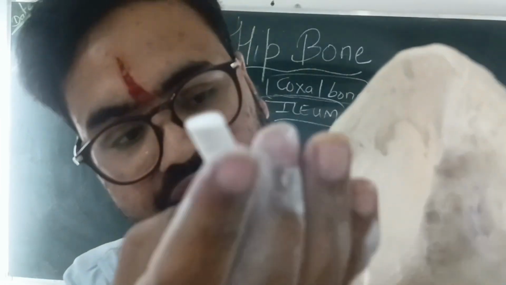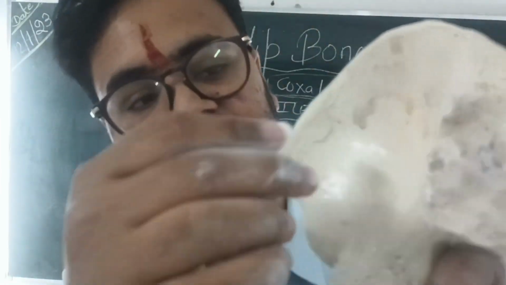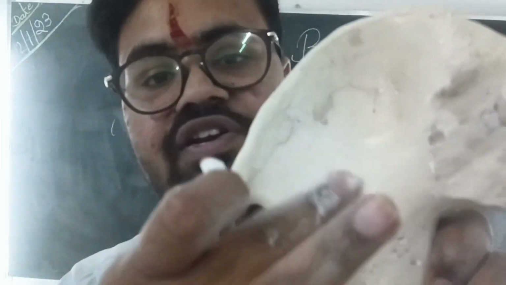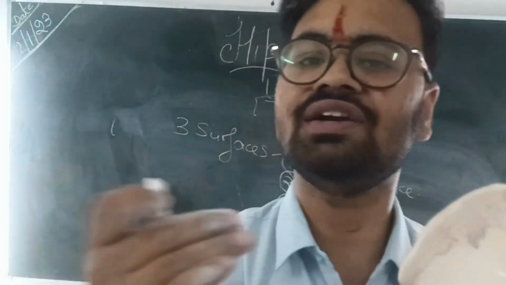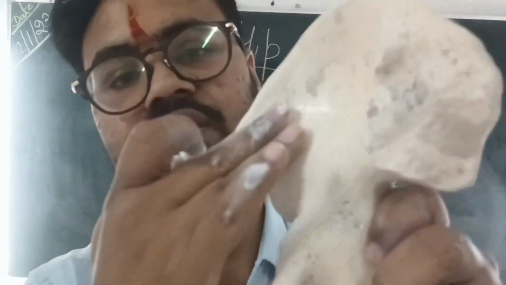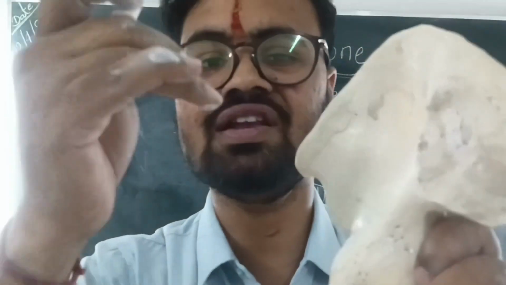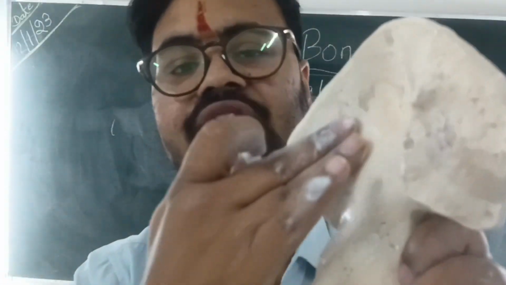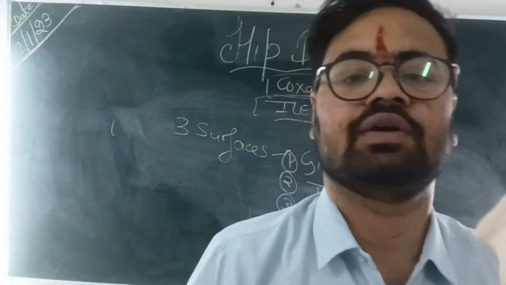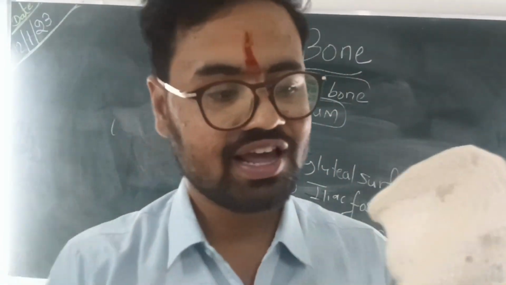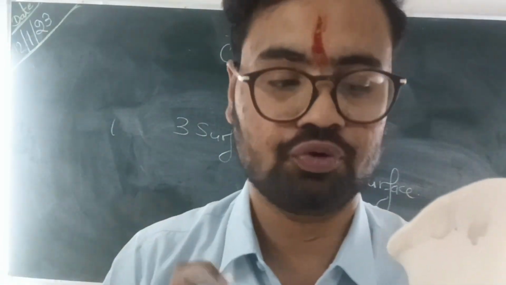The surface above the medial border is the iliac fossa. Fossa means a depression-like structure, a hollow in the ilium bone, and we name it the iliac fossa.